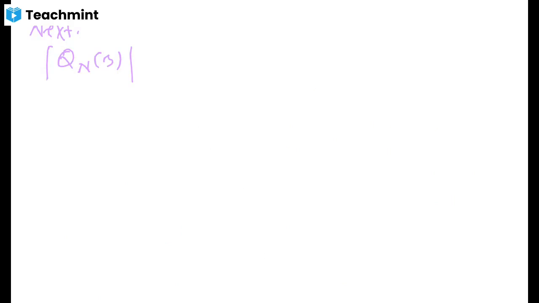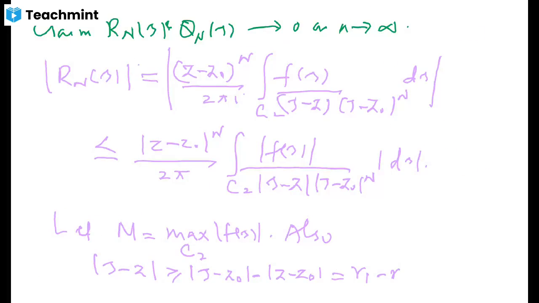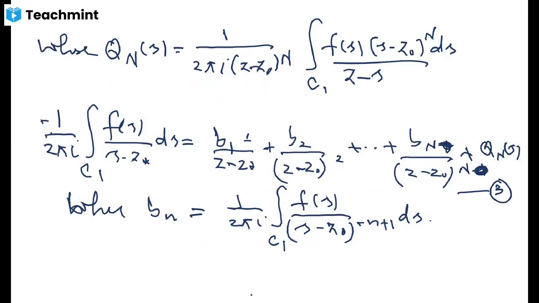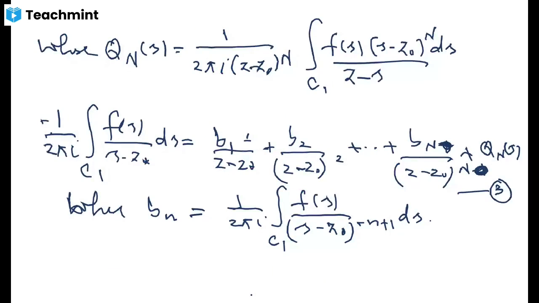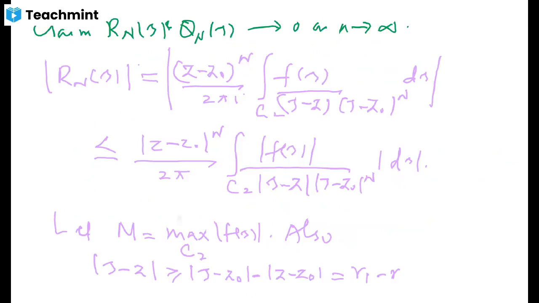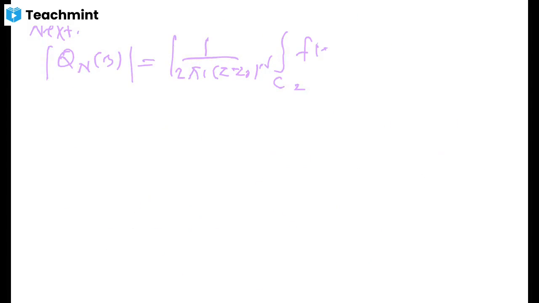Its modulus is mod of 1 upon 2 pi i into z minus z naught to the power n, times the integral over C2 of f of zeta, zeta minus z naught to the power n, upon z minus zeta, d zeta.